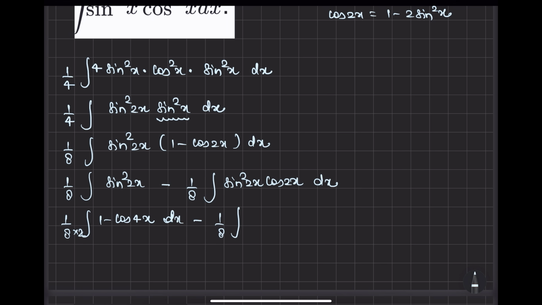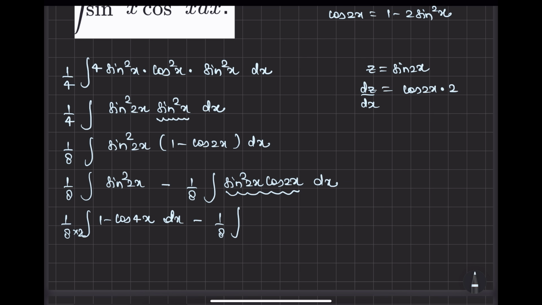This thing will become 1 minus cos 4x, and then we have dx minus 1 by 8. And look at this thing, sine is having power 2, cos is having power 1, so cos is having power odd. So if cos is taking power odd, I will be taking sine 2x as z. Now do the differentiation, dz by dx, we will have cos 2x into 2.